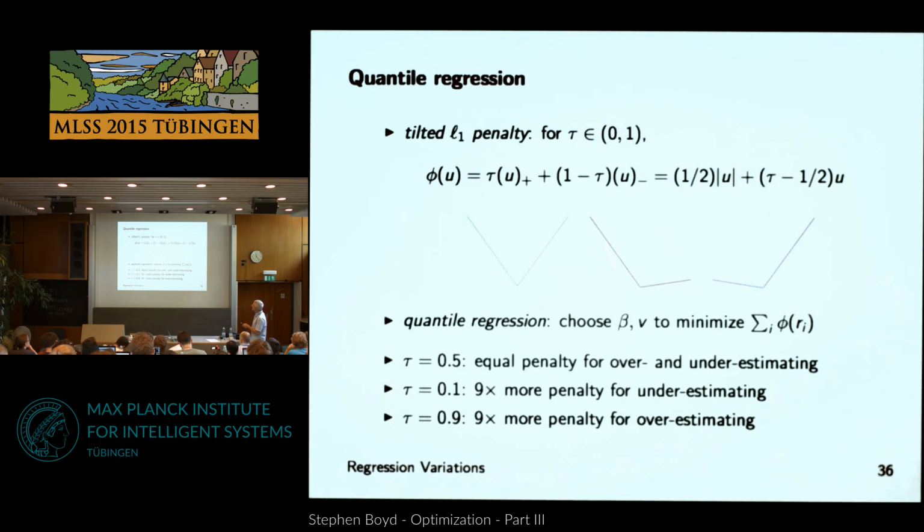This says you're going to consider it much worse to underestimate than to overestimate. And then this one would be 0.9. And here's the function, all convex. And this one, you're going to consider it much worse, actually 9 times worse, to overestimate than underestimate. Okay? So this is the idea. Very simple, very intuitive too. And it's clear what's going to happen if you do this, right?